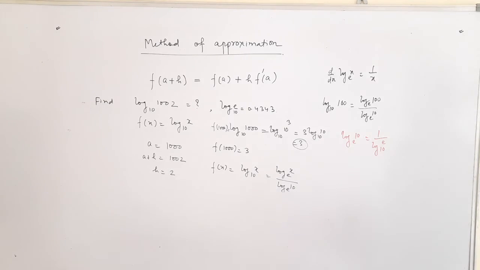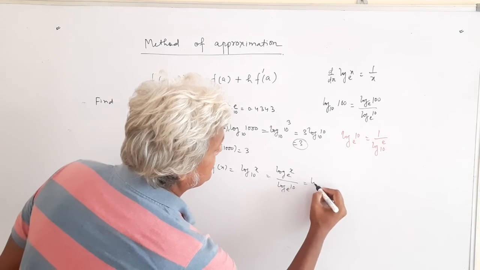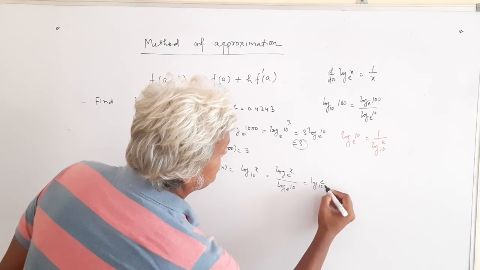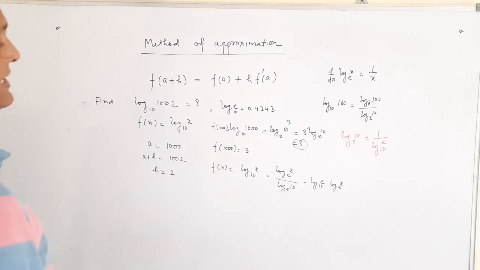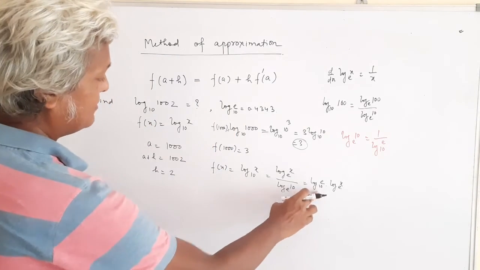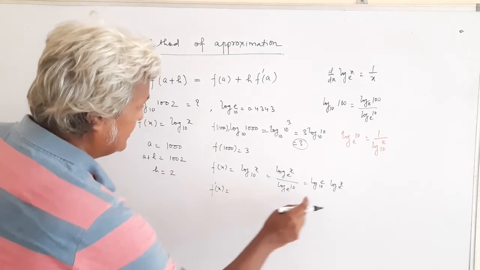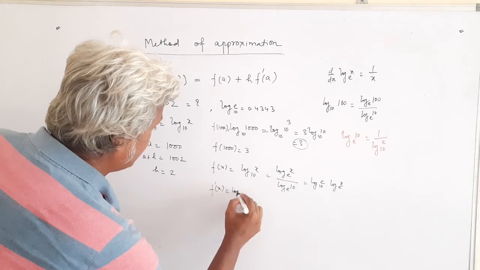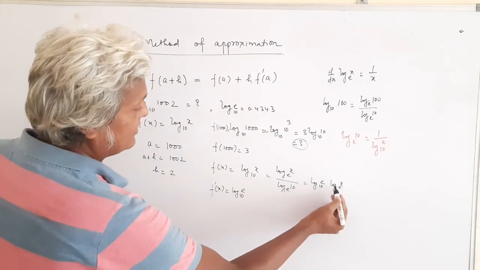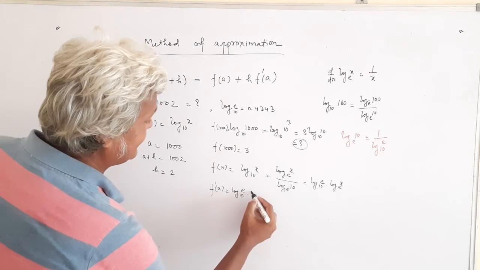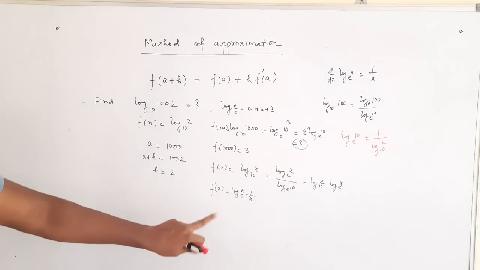So this will come on top and it becomes log e to the base 10 into log x to the base e, and this number is a constant. So now I find its differentiation, that is f dash x. This number log e to the base 10 is a constant, so it's staying aside, and the differentiation of log x to the base e is 1 over x. So we have found our f dash x.